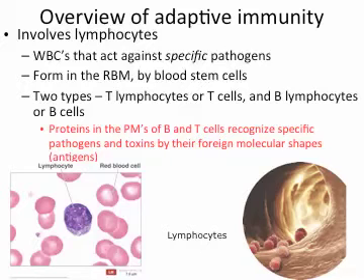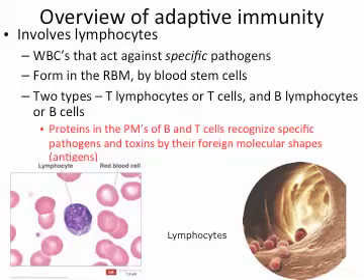So, like I said in the previous slide, the adaptive immunity uses B lymphocytes and T lymphocytes mainly. Specifically, the B lymphocytes and T lymphocytes will only recognize certain antigens on foreign invaders. But overall, the lymphocytes are categorized under white blood cells, or WBCs, and the lymphocytes form from stem cells in the red bone marrow.